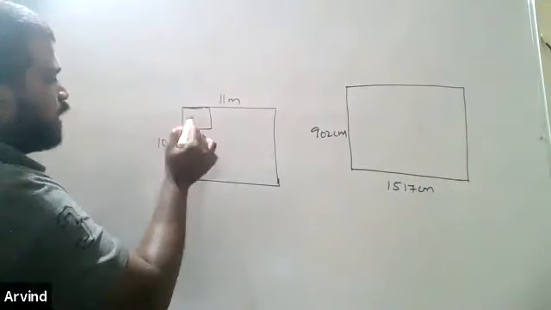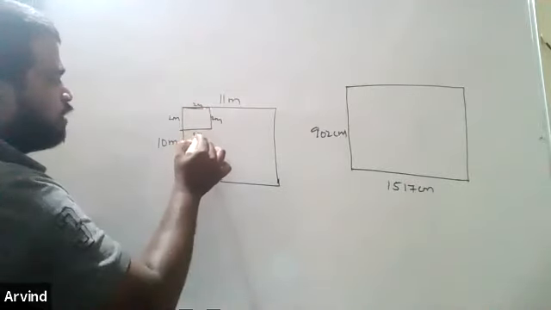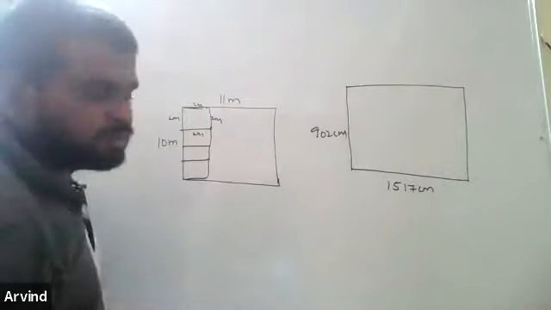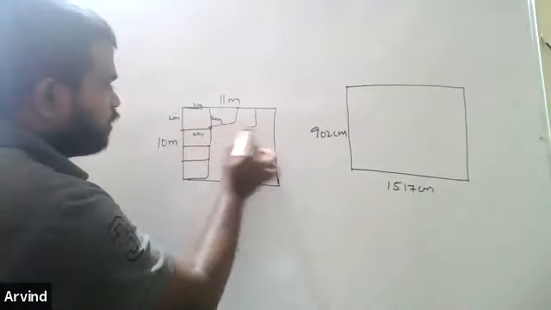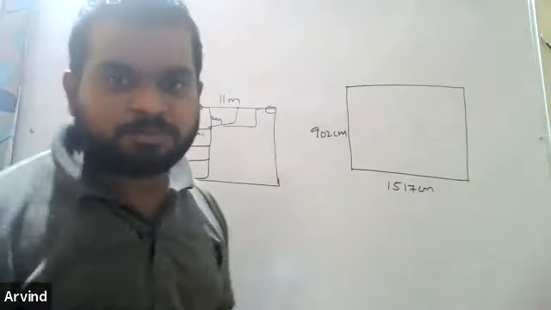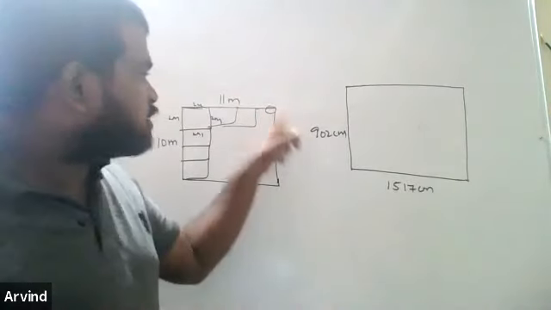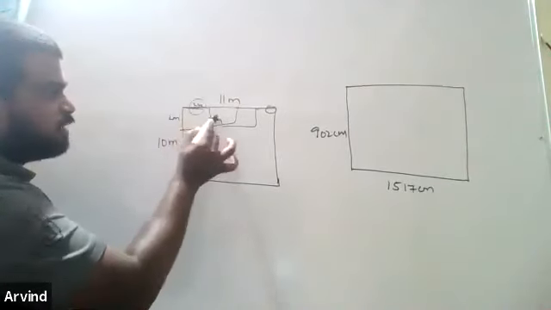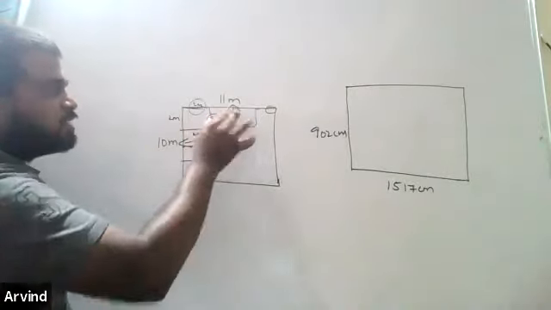Let's say I put square tiles of length 2 meters. On this side I can keep putting them, but on the other side a 1 meter gap is left. Why? Because the size you have taken, 2 meters, divides 10 but doesn't divide 11.